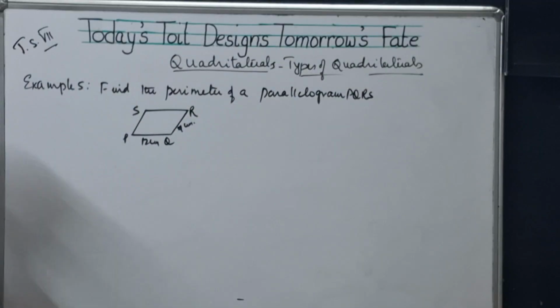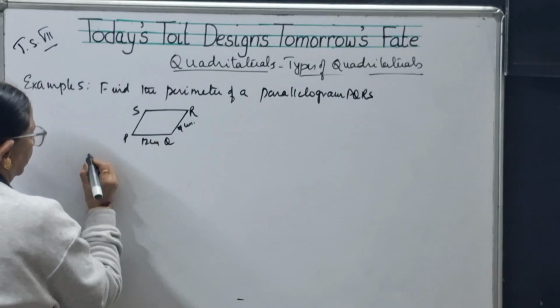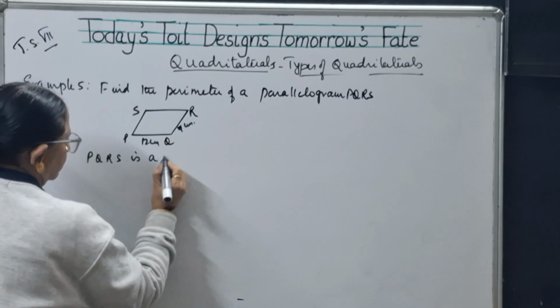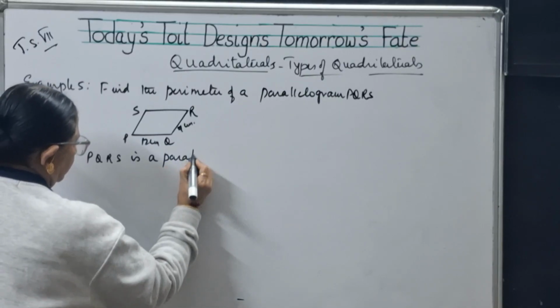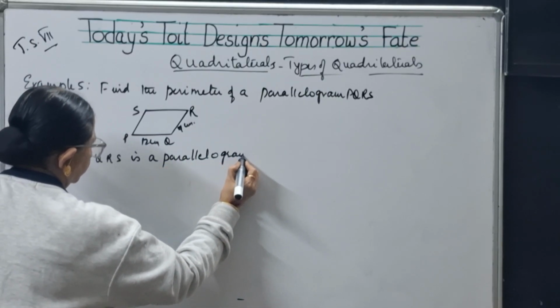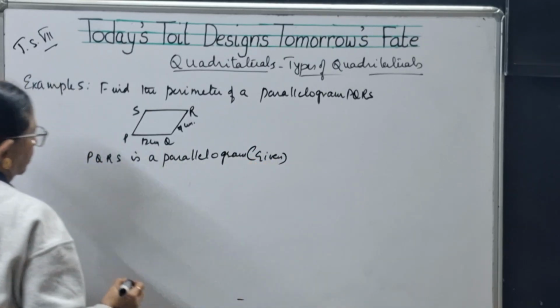Now example 5, children. Find the perimeter of the parallelogram PQRS. PQRS is a parallelogram. This is given to us.